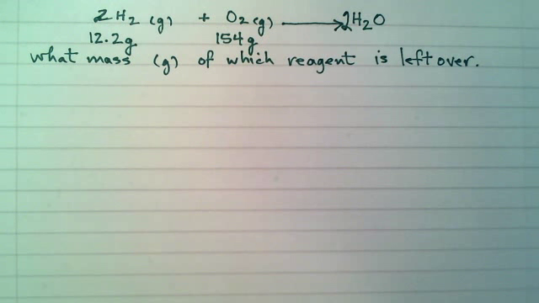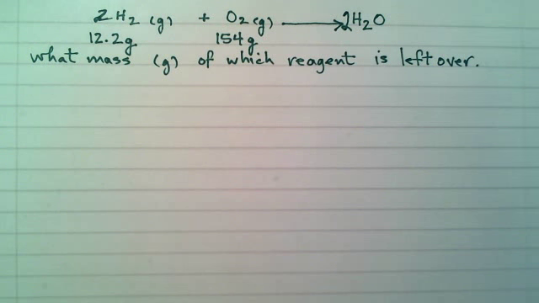And so this question might also be worded, what mass in grams is left over of the excess reagent, or which compound is present in excess and how much is left over at the end of the reaction.